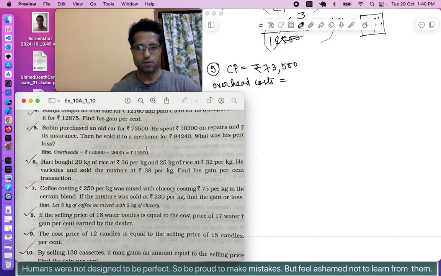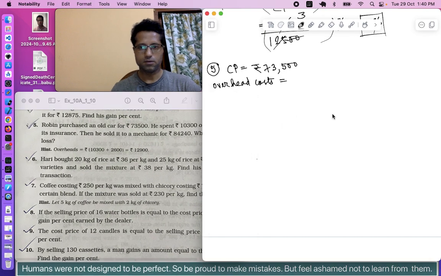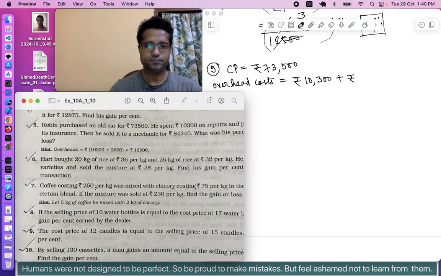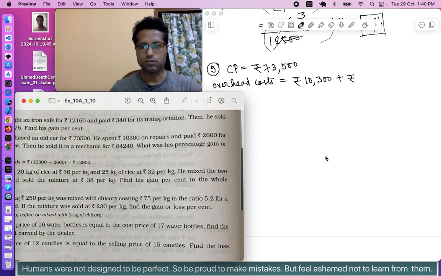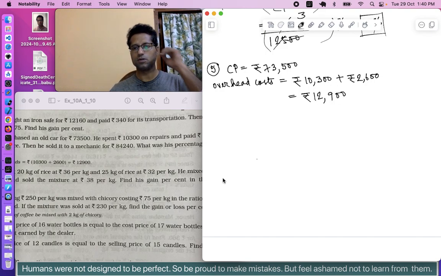Here in this problem the overheads are repairs and insurance. For repair the overhead cost was 10,300, and for insurance it was 2,600. So the total overhead cost is 12,900.